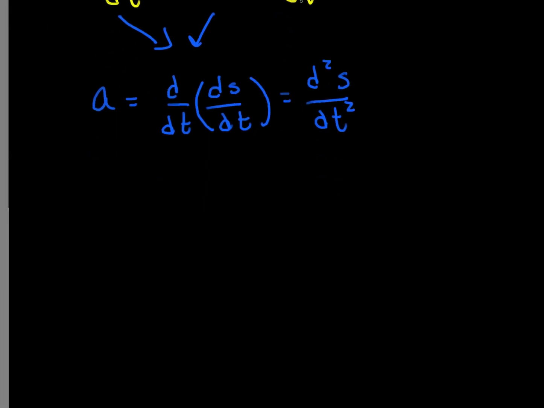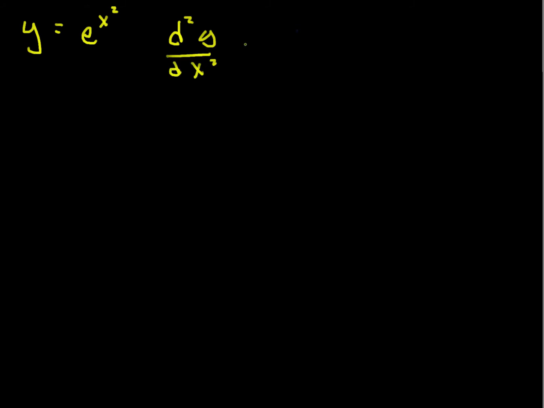So let's compute an example. Let y be equal to e to the x squared. And I'm going to want to know what is the second derivative of y with respect to x. To compute the second derivative, we're going to have to compute the first derivative first, and we'll do this all in differential form.